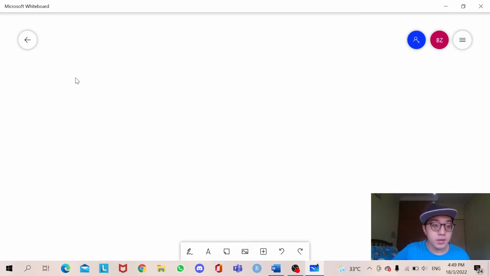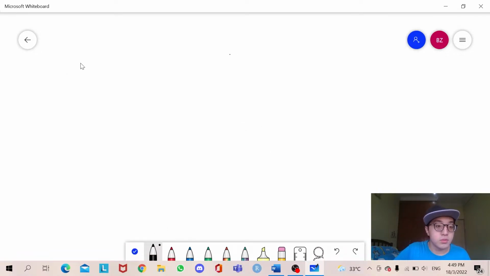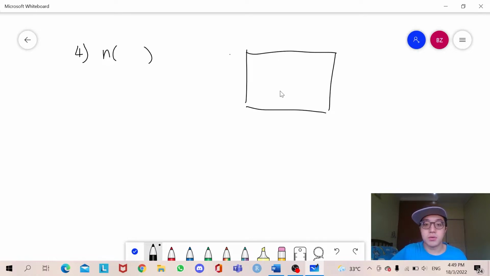All right, we are back here. The fourth thing here is the number of elements. Here I'll give a little example. This is the universal set, this is A, and this is B. Let's say inside A there are 5 elements, and inside B there are 4 elements.